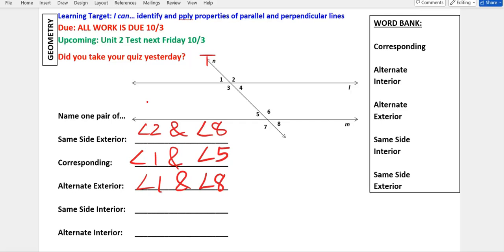What about same side interior? Angle 3 and angle 5 are on the same side of the transversal, in between the parallels. Alternate interior. Angle 5 and angle 4 are both inside the parallels, alternate sides of the transversal.